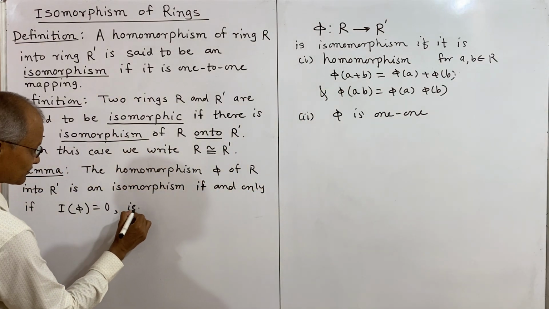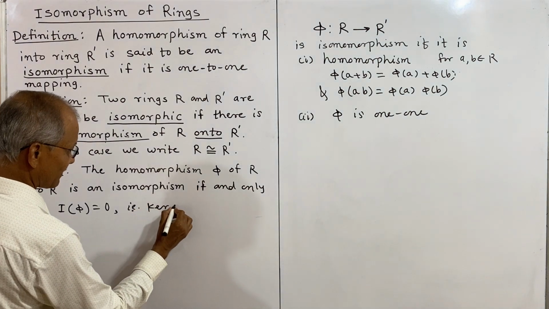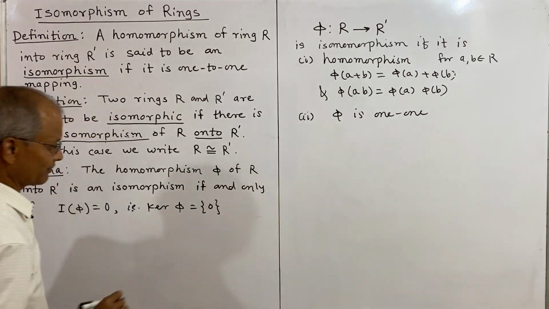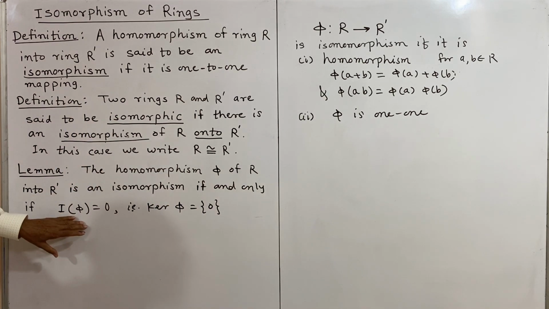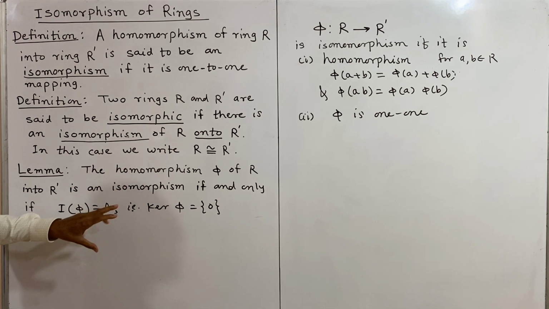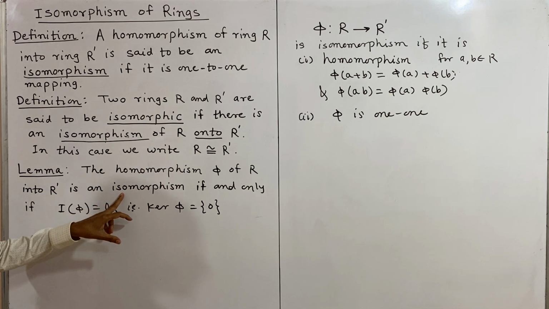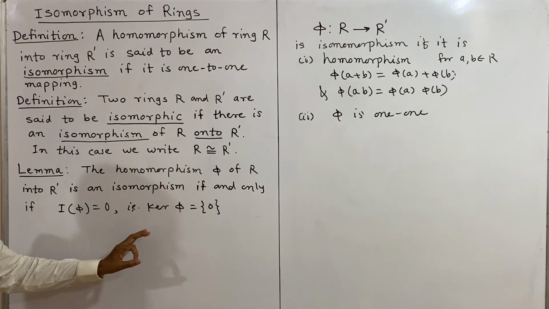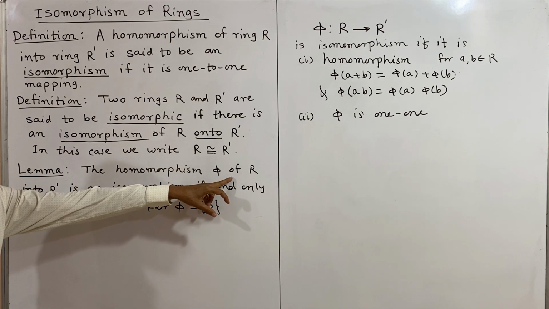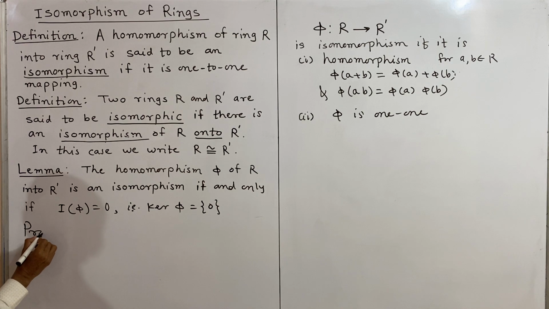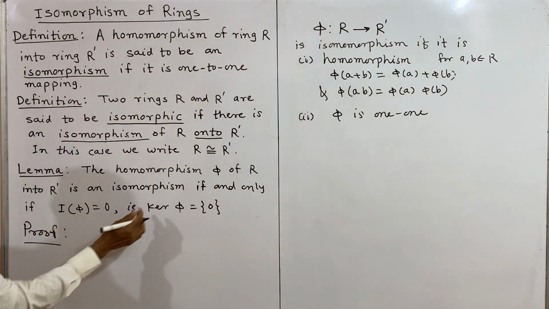That is, the kernel of phi contains only the 0 element. This is a necessary and sufficient condition for a homomorphism to become an isomorphism. If the kernel of a homomorphism contains only the 0 element of R, then that homomorphism becomes an isomorphism, and vice versa.